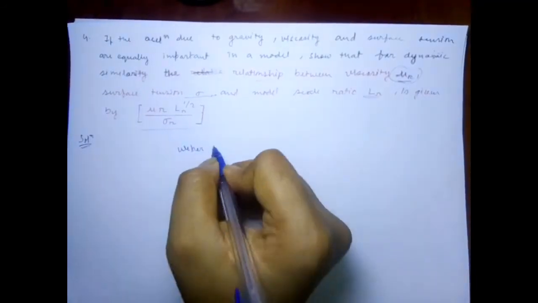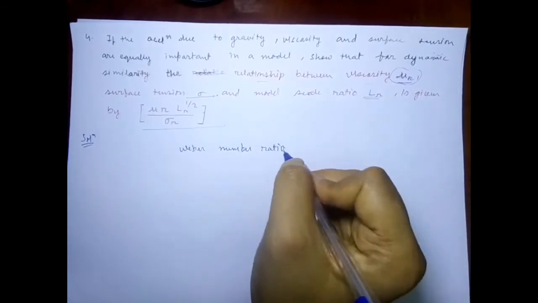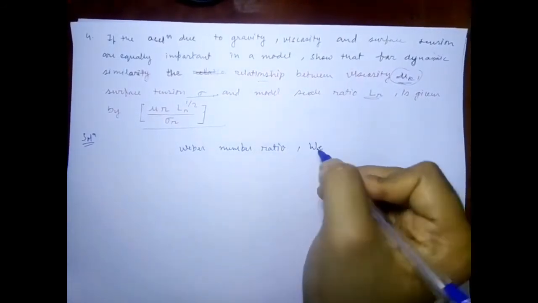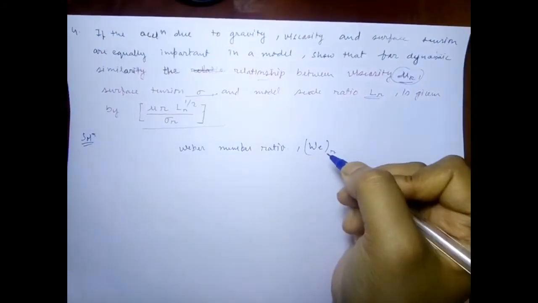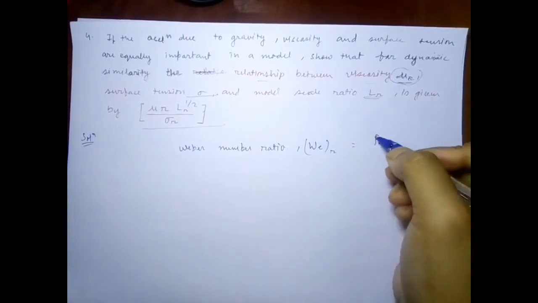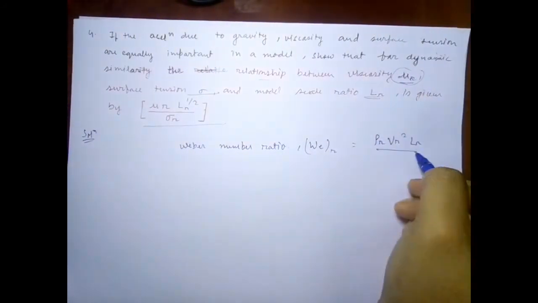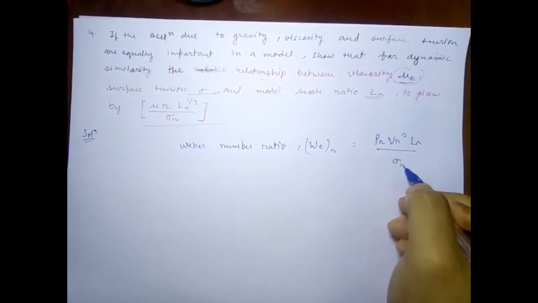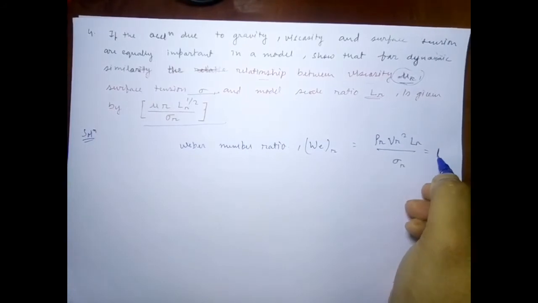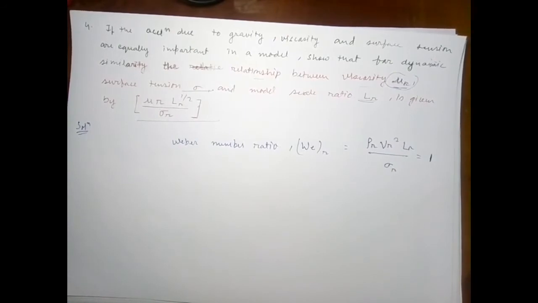That is the Weber number ratio, We r, for a relative scale, and it is equal to rho r Vr square Lr upon sigma r, and let's take it equal to 1.